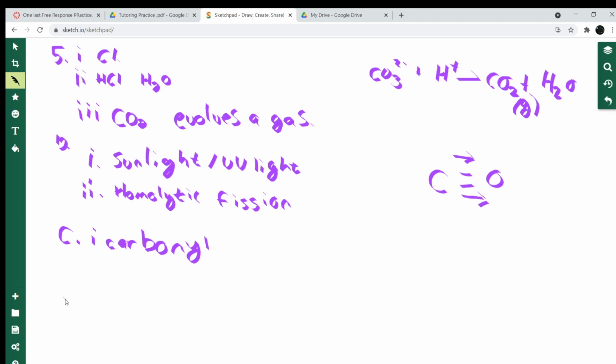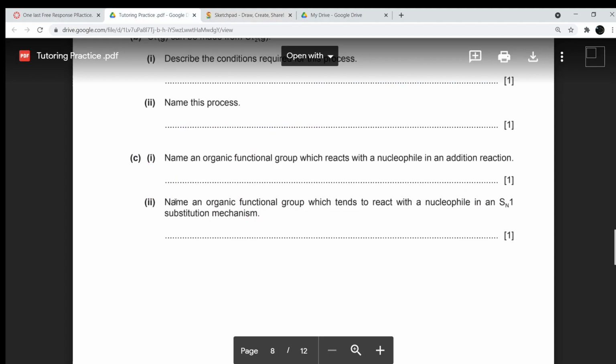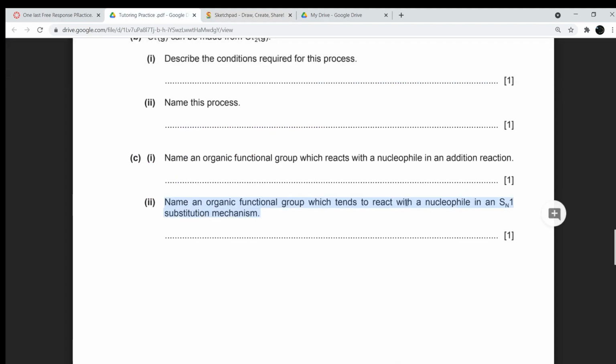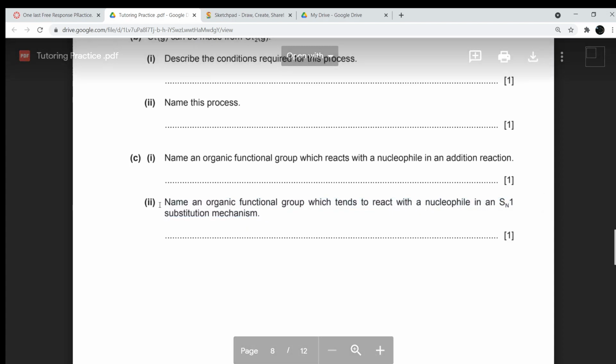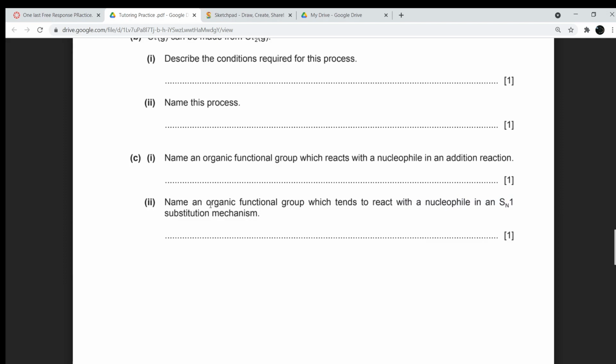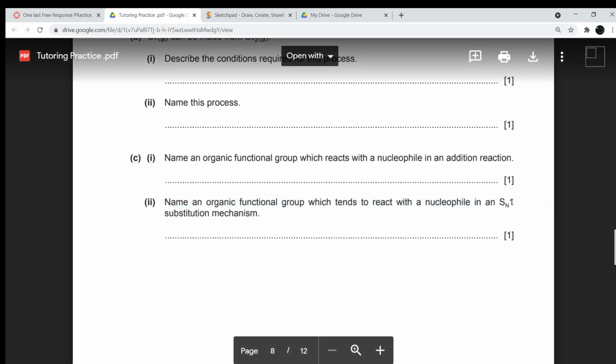Next for 3, part 2. Name an organic functional group which tends to react with a nucleophile in an SN1 substitution mechanism. So it's trying to get us to say, what's going to be one of our best nucleophiles, and what's going to work in an SN1 reaction?